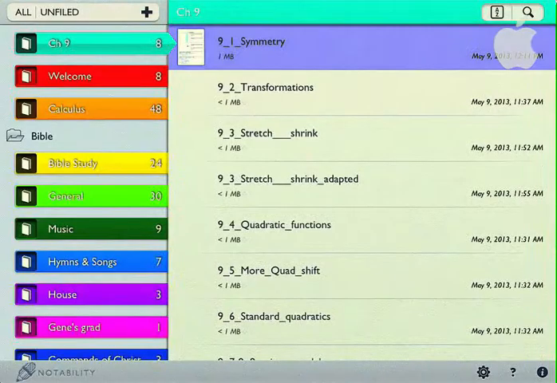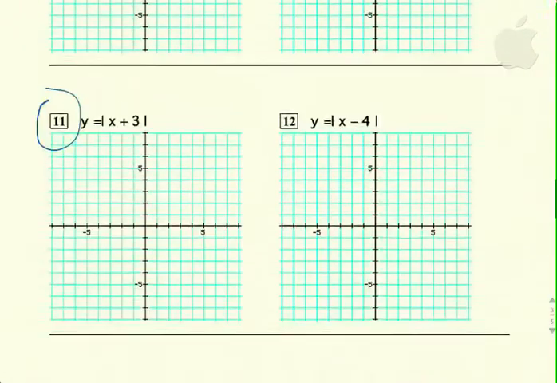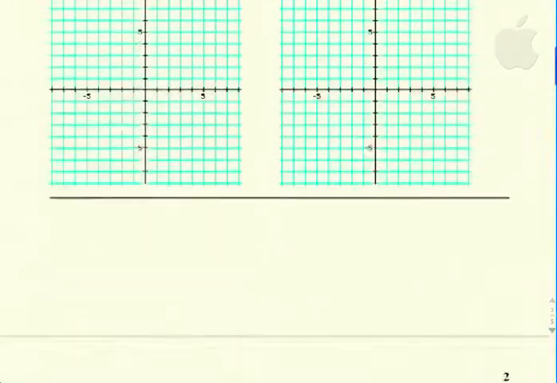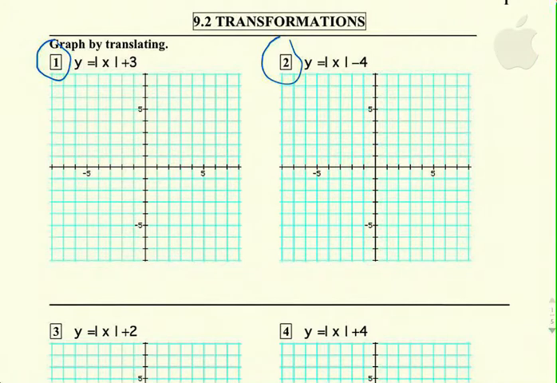Okay, let's go to 9.2. Number 1. Well, first of all, you've got to remember what the absolute value graph looks like. Let's put it temporarily over here.